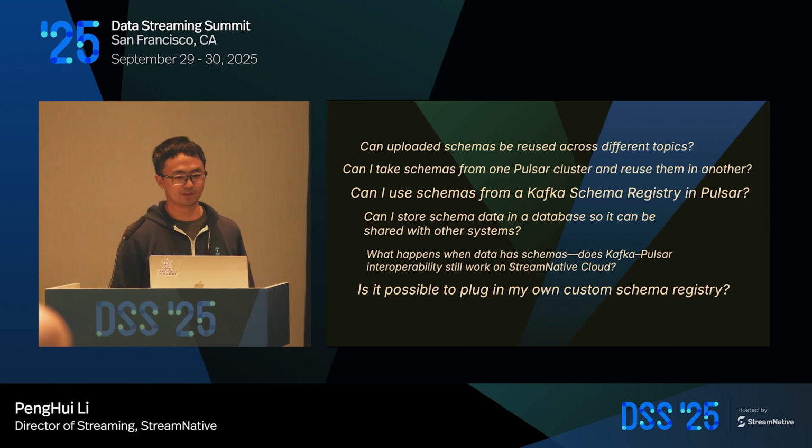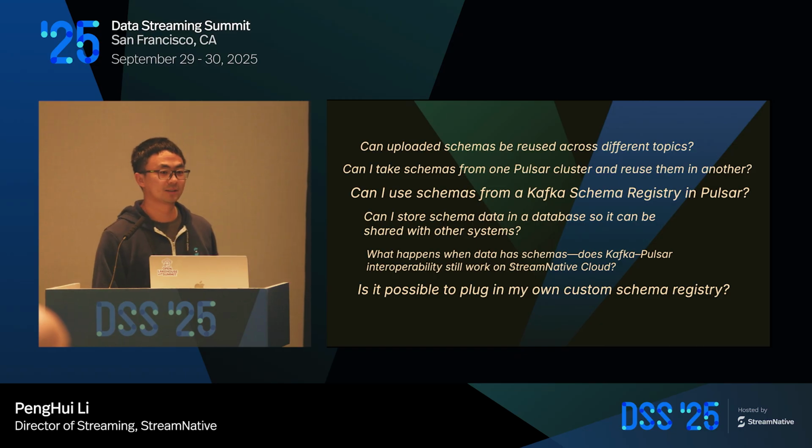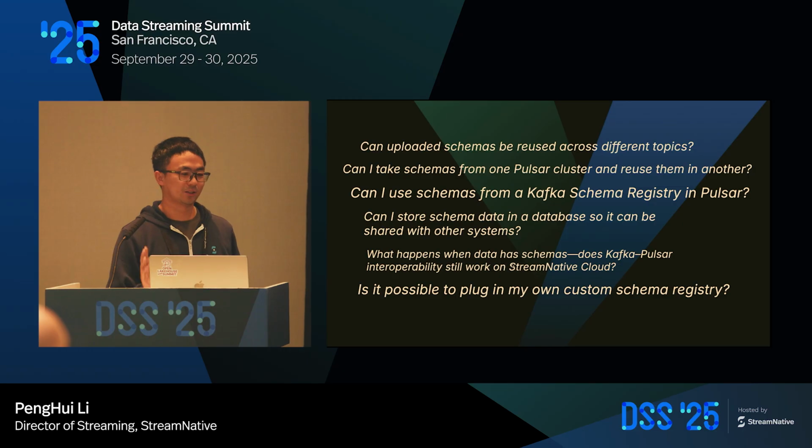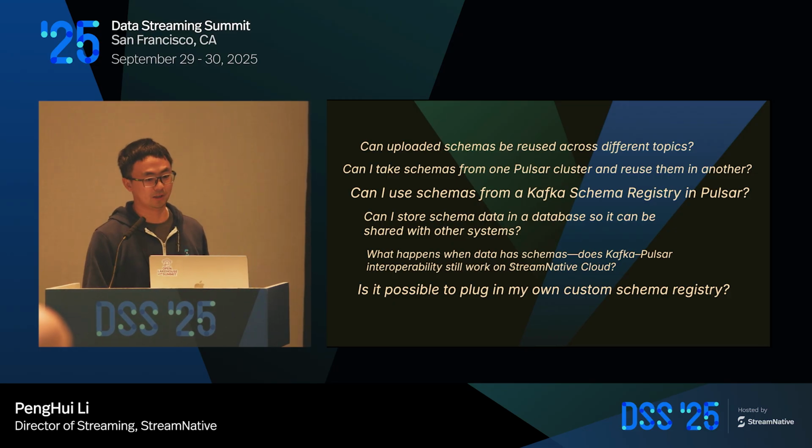We also received a lot of requirements from both Pulsar users and customers. For example, can an uploaded schema be used across different topics? They have a lot of topics and don't want duplicated schema data stored in the broker. I think it's hard to manage and wastes storage resources.